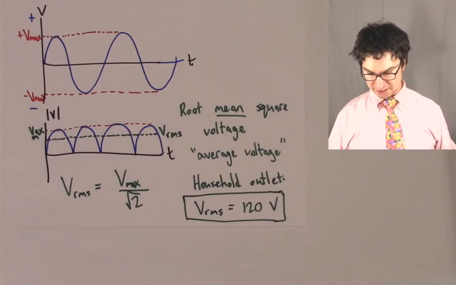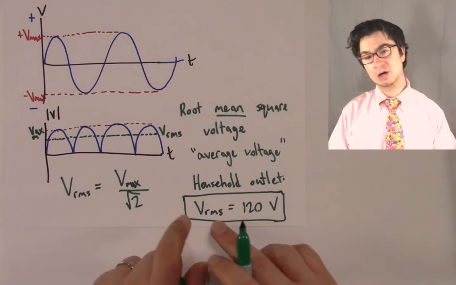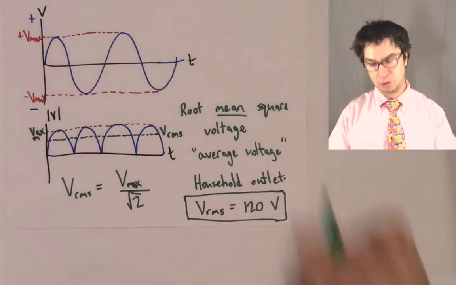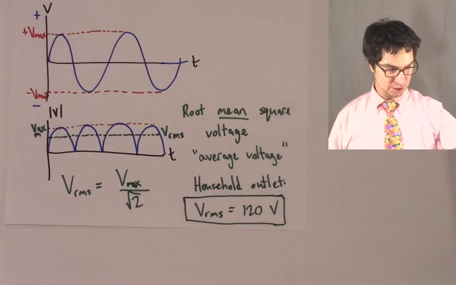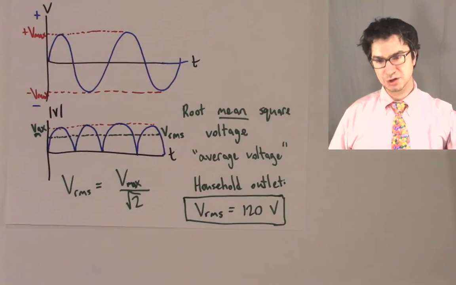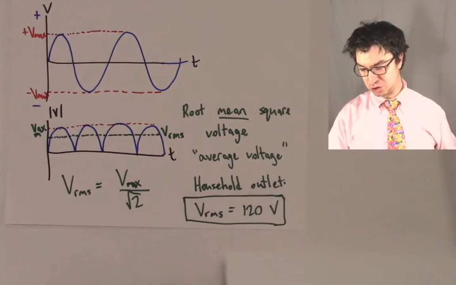All right. So when we talk about RMS, we're talking about the root mean squared. That's the average voltage. It's going to be very natural for us when we study circuits to not just worry about the voltage, but to also worry about the current.